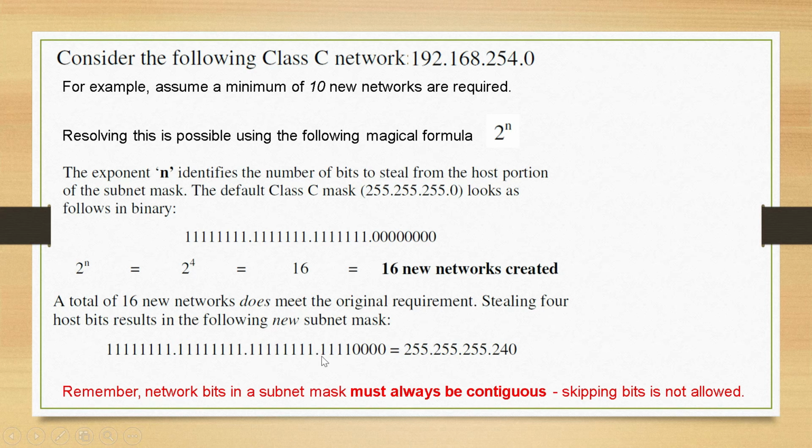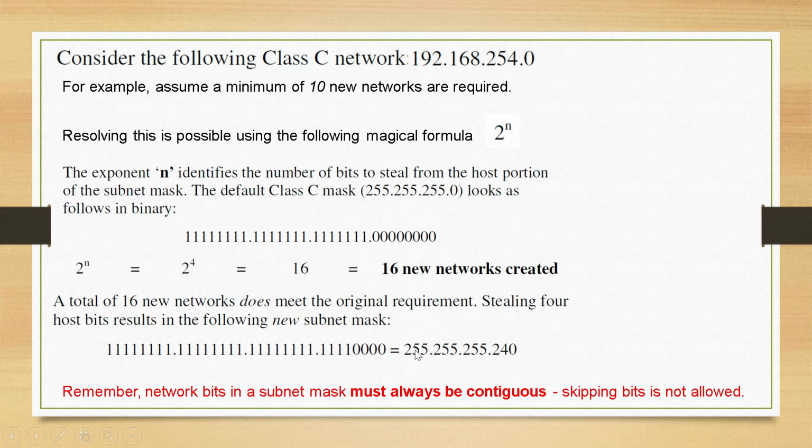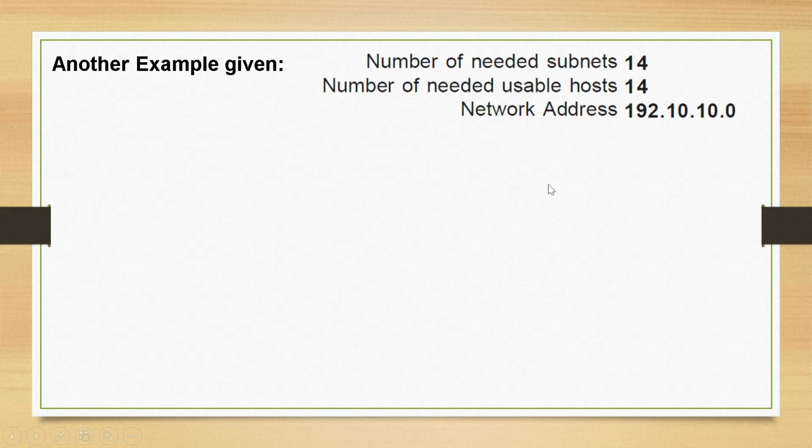That means we are going to make the 0 into a 1. So our custom subnet mask is 255.255.255.240.